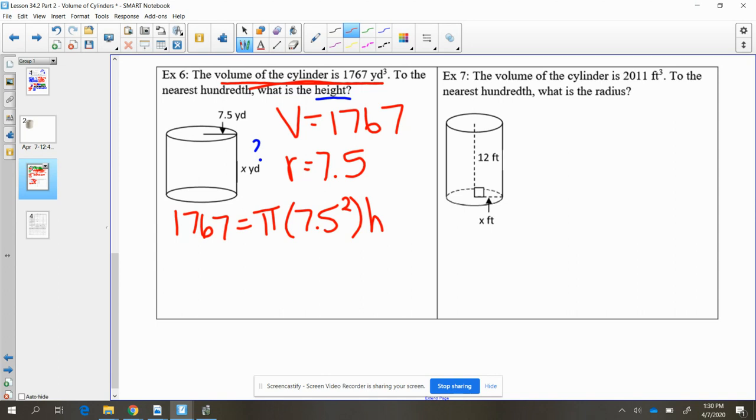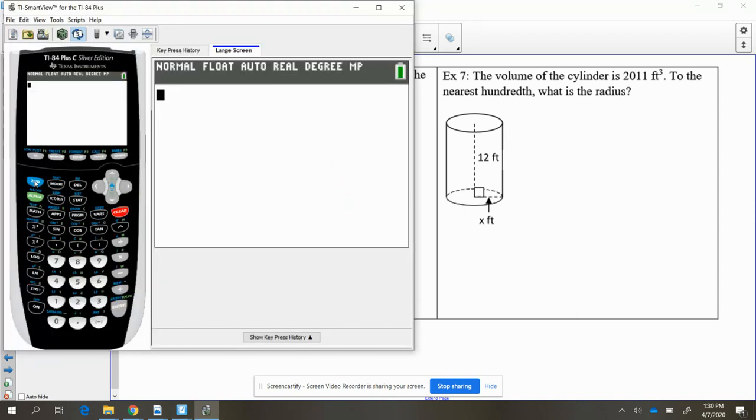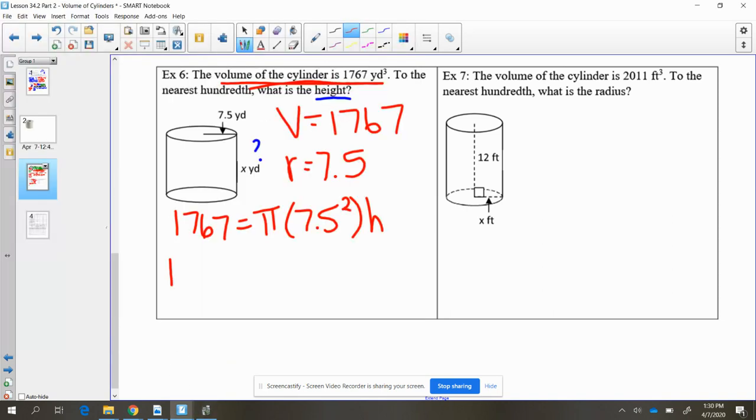Well, what we're going to do is start solving so that we get h by itself. So we're going to approximate what pi times 7.5 squared is. Well, it's about 176.7. So this right here is about 176.7.